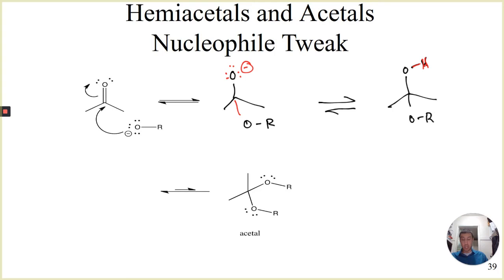A common question that usually pops up with this is, well, how can we do that? Because we're in a basic environment, the only thing we've got floating around is OR minus. No, you have OR minus in the presence of HOR, which is our solvent, the alcohol.